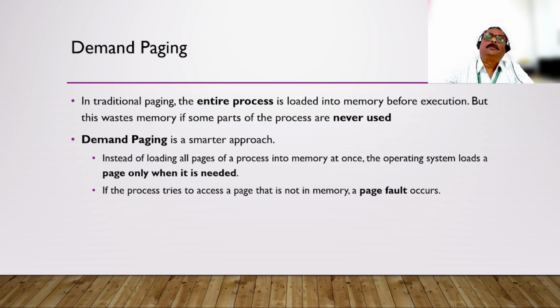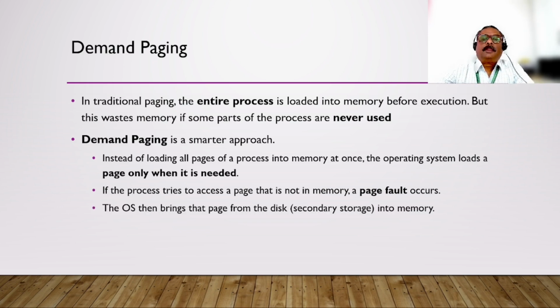So one moves out, another comes in. This in and out activity is done by the operating system. The operating system brings the page from the secondary storage onto the main memory, and before getting that new page in, one of the pages has to be moved back out to the secondary memory.